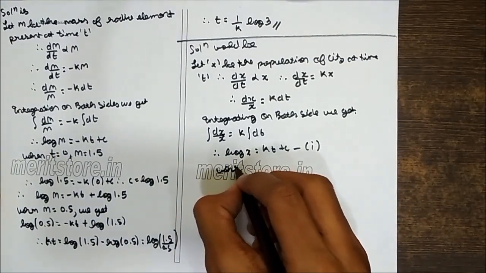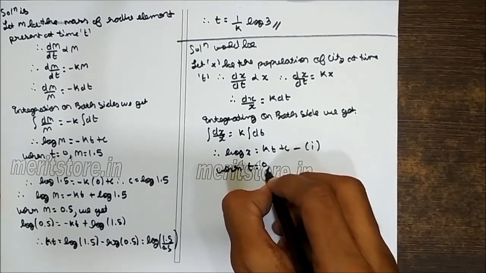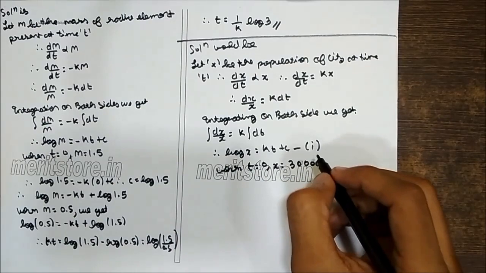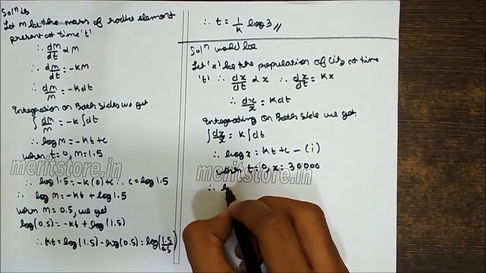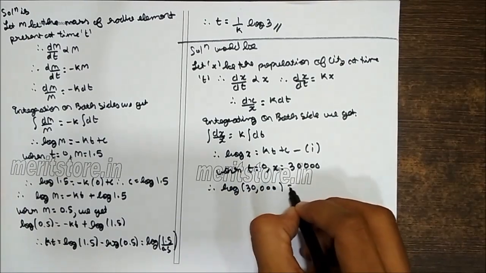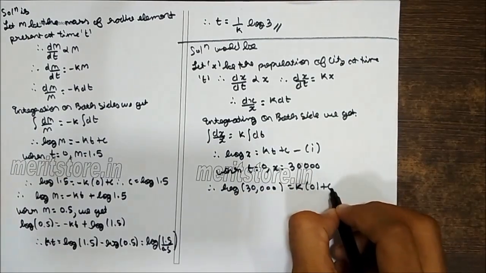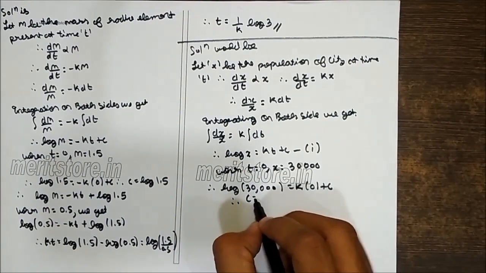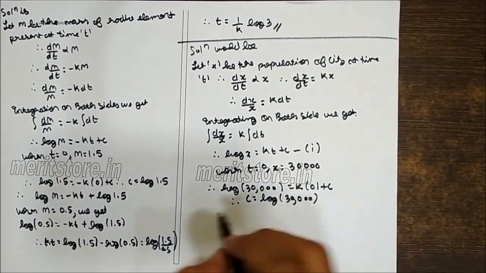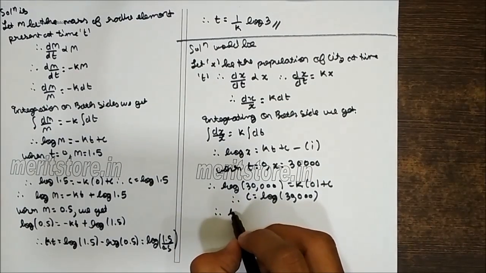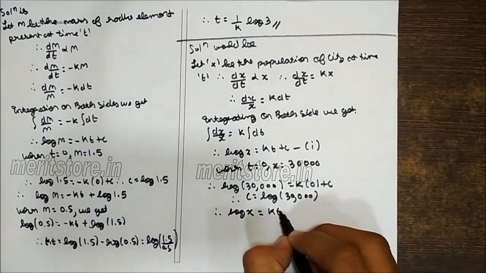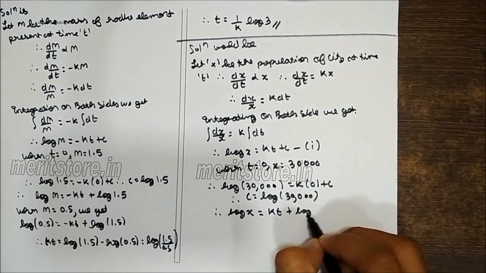Now, when t is equal to 0, x is equal to 30,000. Therefore, log of 30,000 is equal to k 0 plus c. Therefore, c is equal to log of 30,000. Therefore, log x is equal to kt plus log of 30,000.